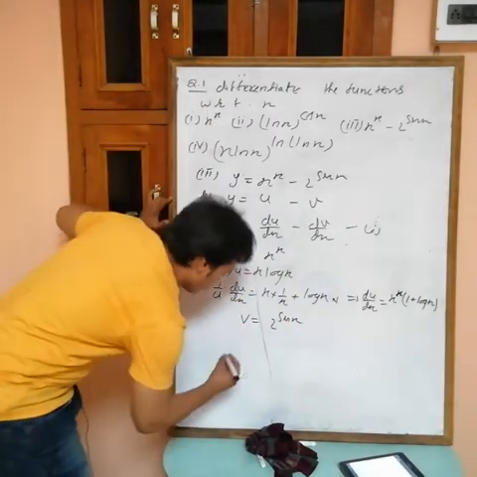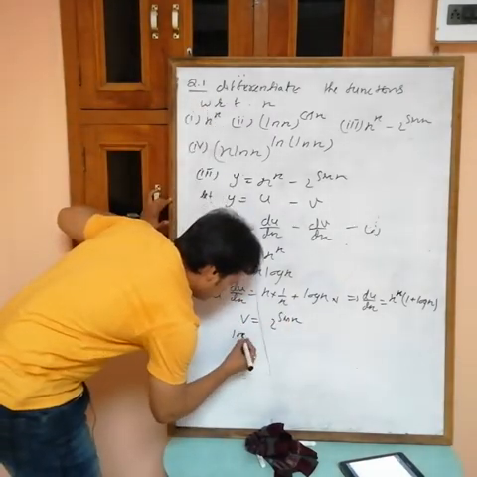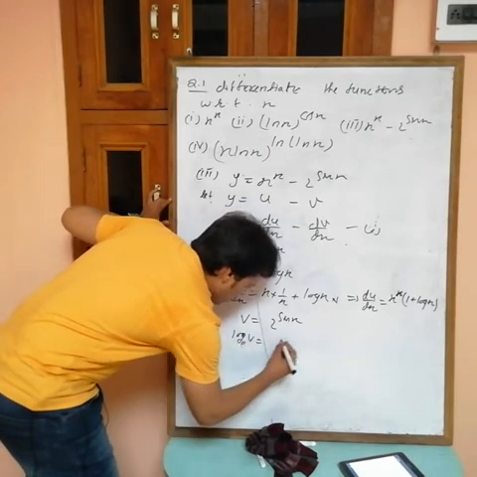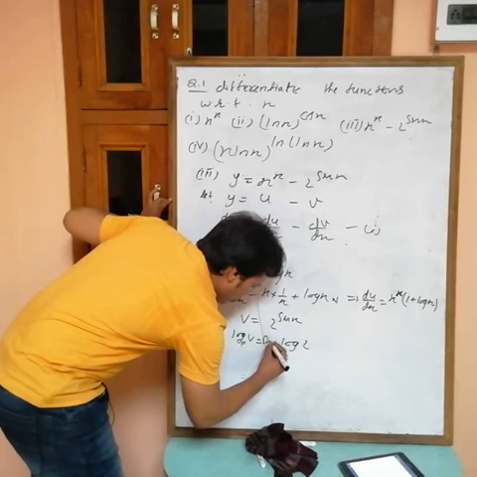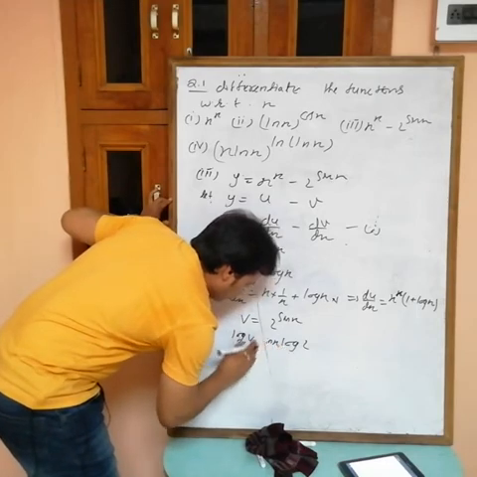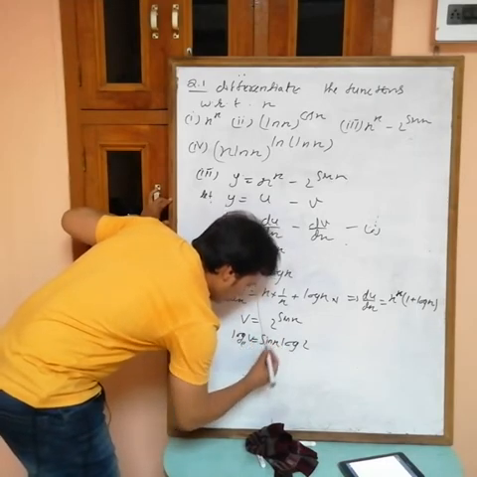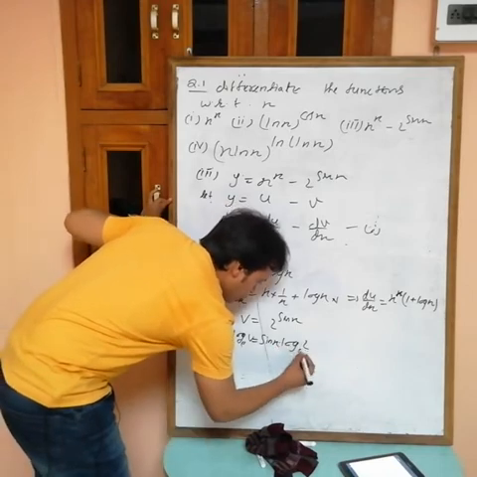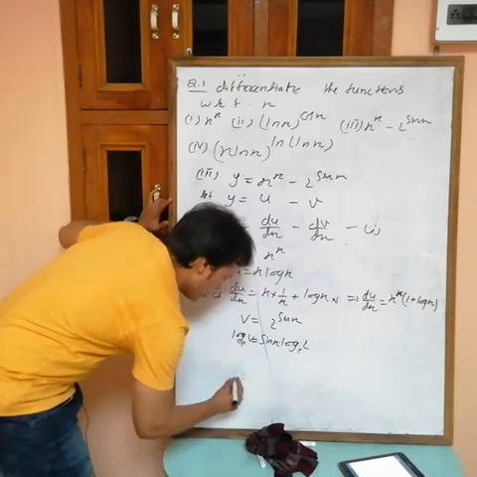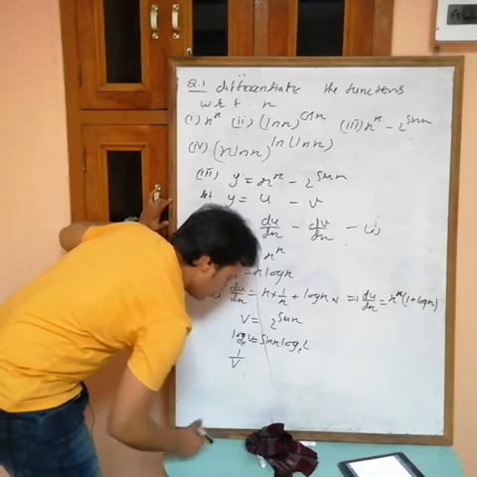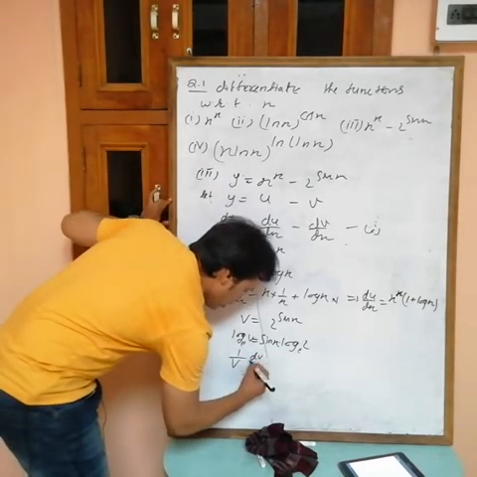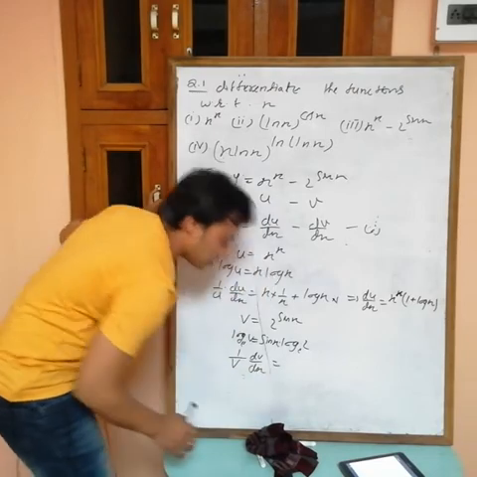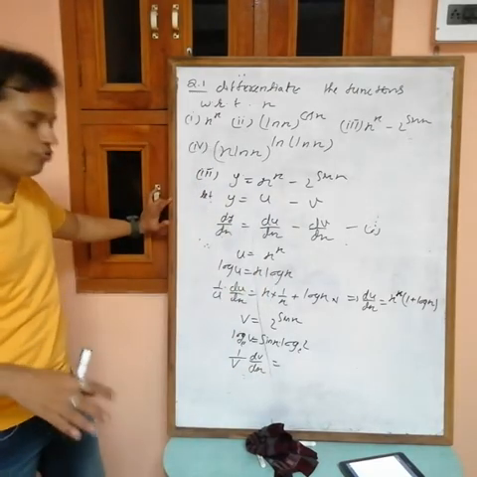So I am taking logarithm, log v with base e, and log 2 power sin x in product. sin x in product log 2 with base e. Now differentiate. Differentiation of log v is 1 by v, and derivative of v is dv by dx, because v is not x, so again we have to differentiate v.